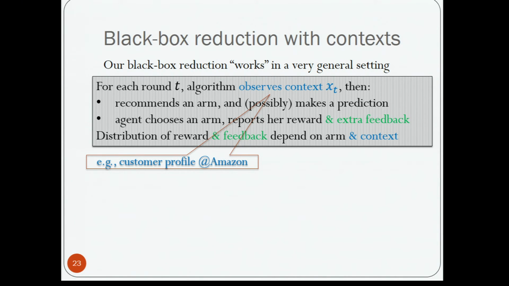And then the distribution of the reward and the feedback depends not only on the arm, but also on the context. So it's contextual bandits with extra feedback. The extra feedback could be, I go to a restaurant and I leave not just my overall satisfaction score with the meal, but a detailed review of every dish, right?